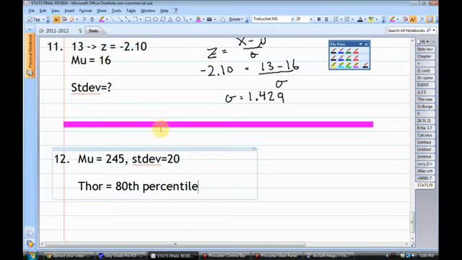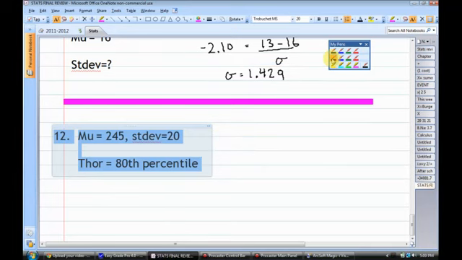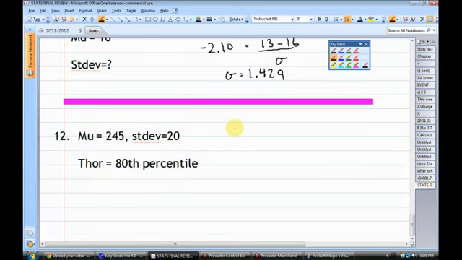Yeah, so the first thing we need to do is recognize that we have a normal distribution. And so we're going to use methods for normal distributions. That would mean that the z-score is equal to Thor's weight minus the average weight divided by the standard deviation.